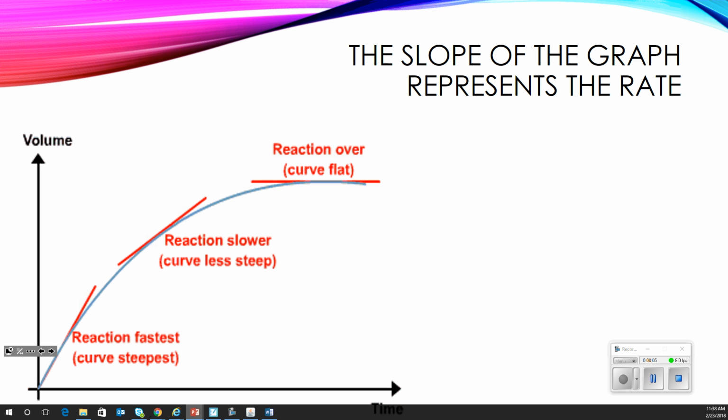As we're looking, like I said, a steep slope is the fastest. Then it starts to slow down, and then the reaction's over. So I sort of relate this, and it's a funny way to relate it, but in Utah you graduate from high school between 18 and 21. Most eligible people become married in Utah. If you get to be about 32, 33, you're considered an old maid.